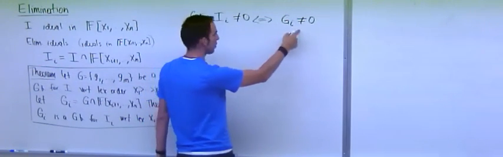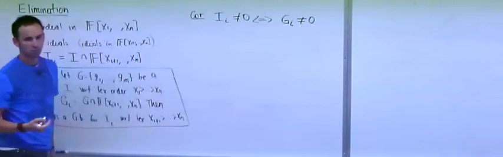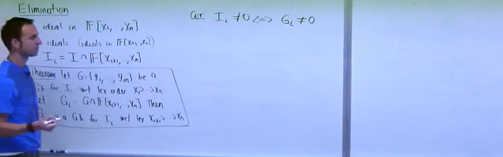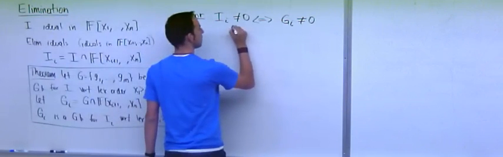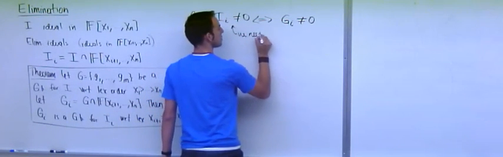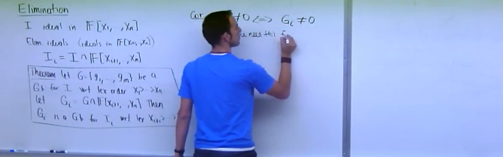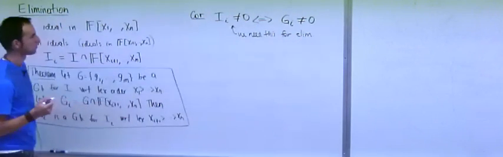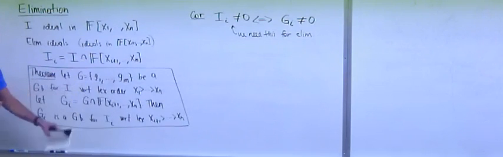But if there aren't any polynomials in GI, then there's not going to be any polynomials in II, which means that elimination won't work. So we need this if we actually want to eliminate. And so this makes it very easy to know ahead of time if elimination has a chance of working or not.